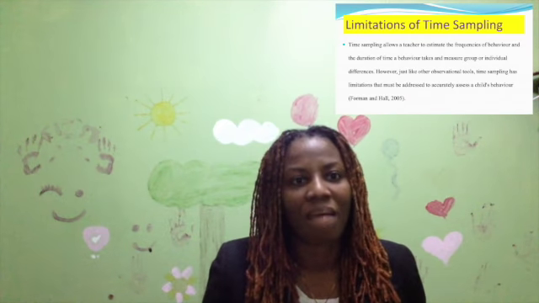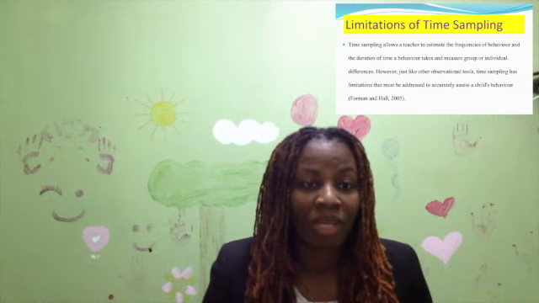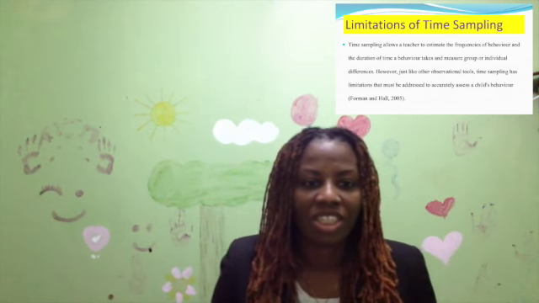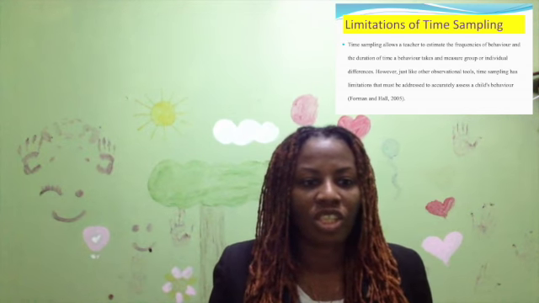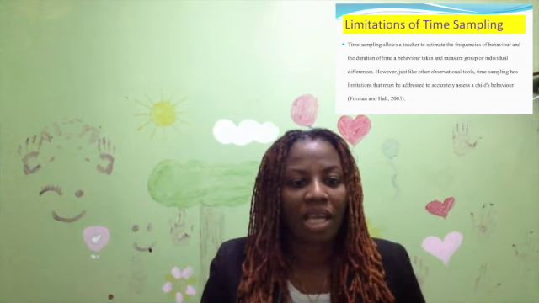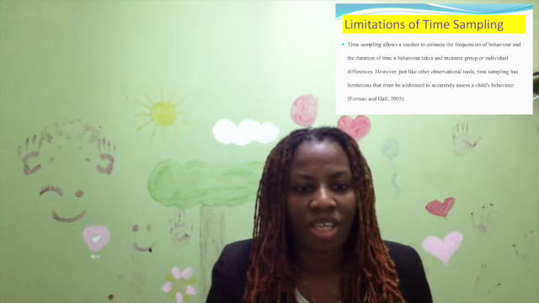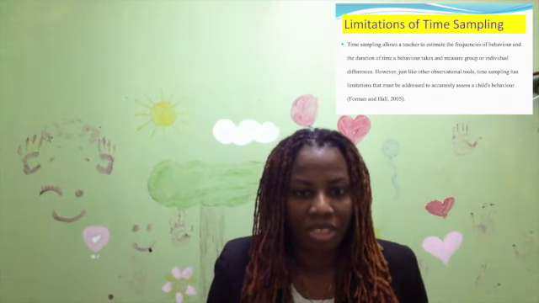Here are the limitations of the time sampling observation tool. Time sampling allows a teacher to estimate the frequencies of behavior and the duration of time a behavior takes place and measure group or individual differences.